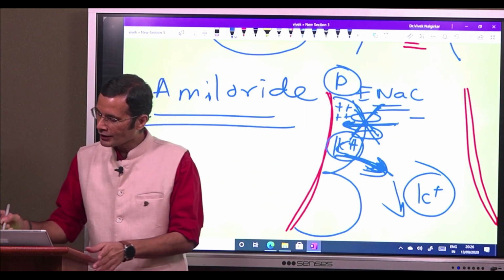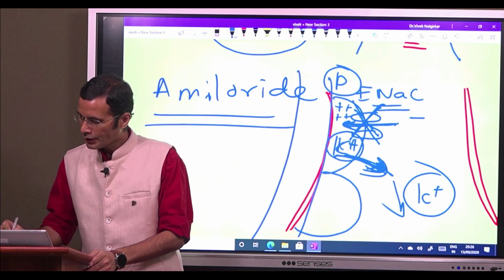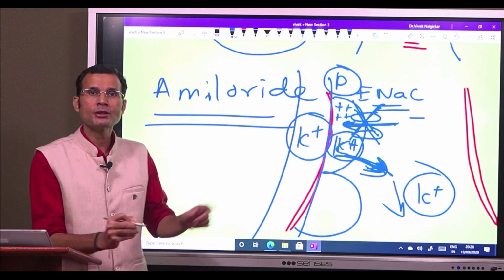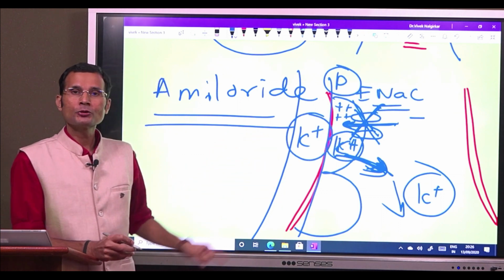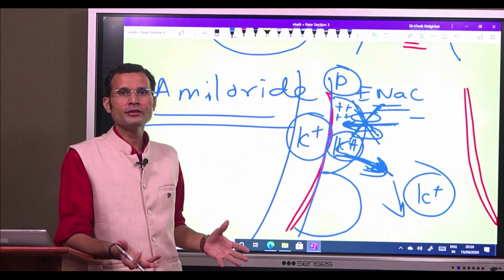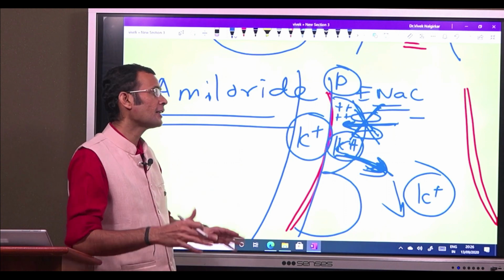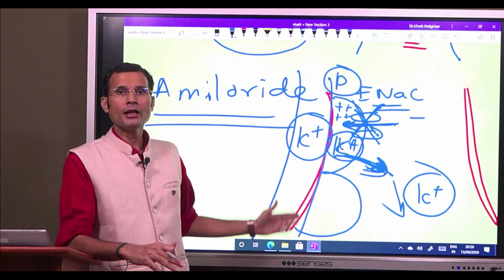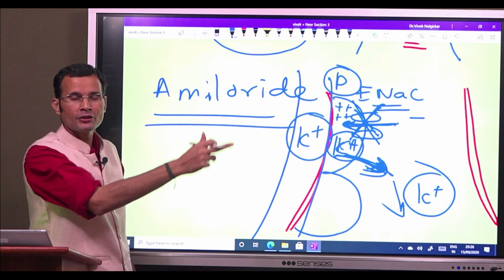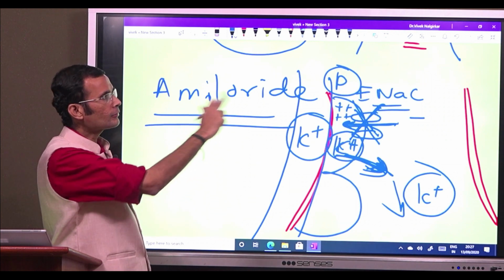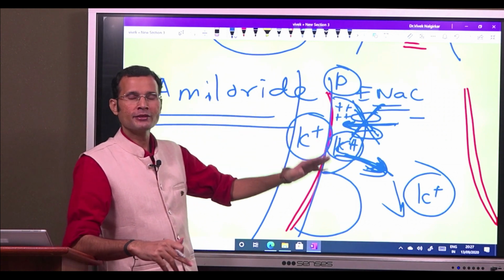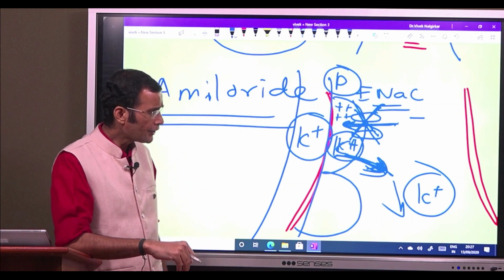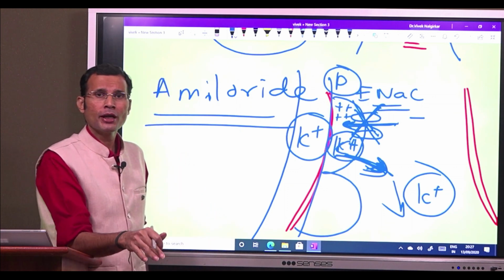Potassium will rise in the plasma. In the bloodstream, the potassium will rise. Remember, these potassium-sparing diuretics have the opposite effect. They result in hyperkalemia. The other diuretics, loop diuretics and thiazides, were causing potassium to be excreted excessively into the urine, resulting in hypokalemia.